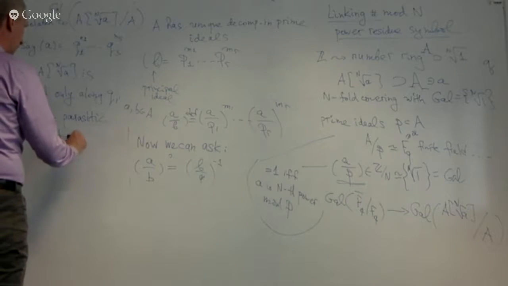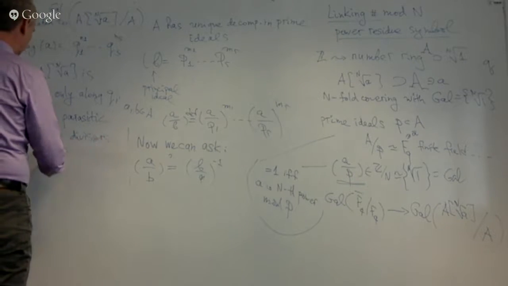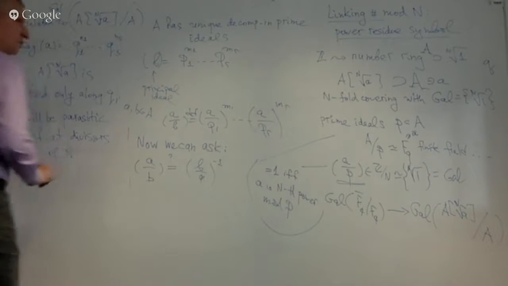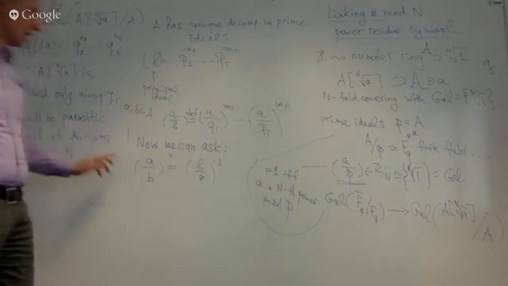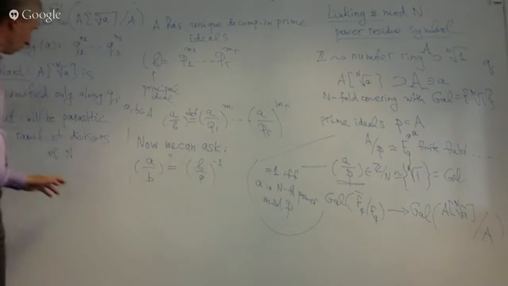So what will happen is this: if both A and B are congruent to 1 mod some good power of n, then it's okay.